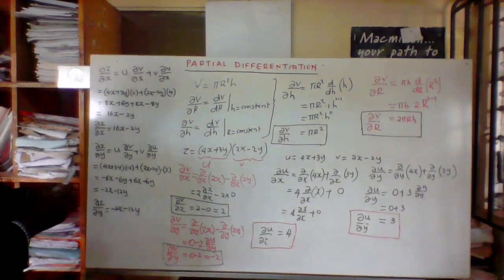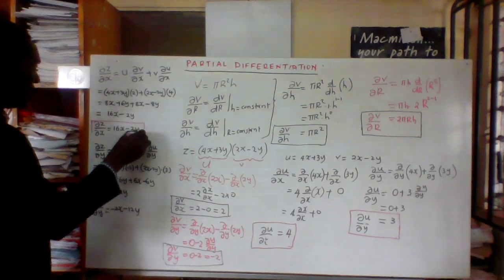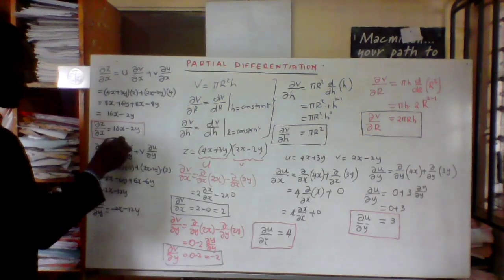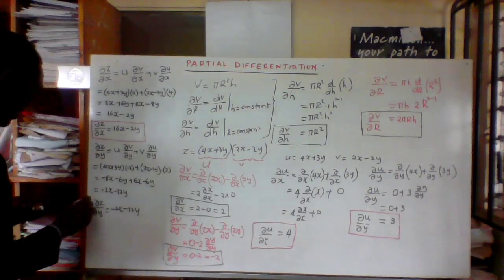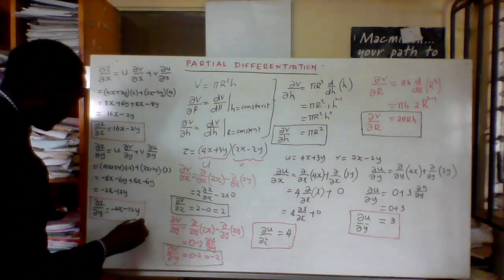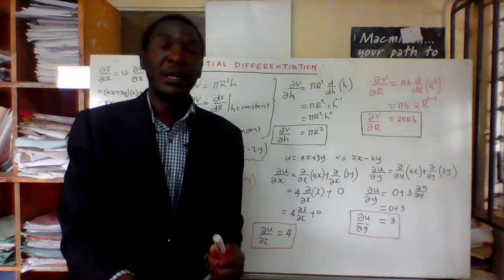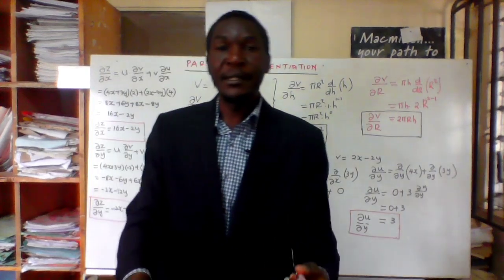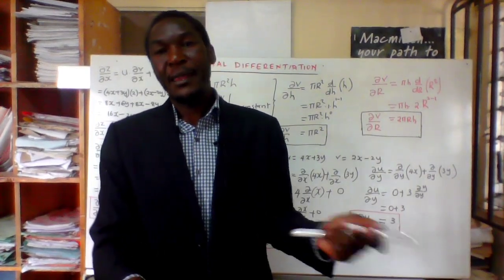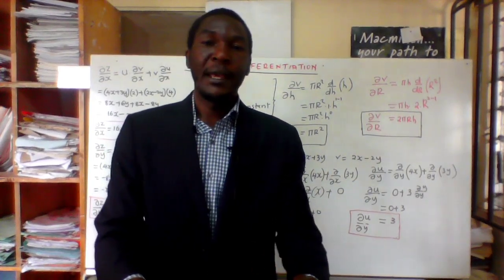That's what we obtain. Now you can put them in red for easy identification. That is the first part, and that is the second part. So if a function has more than one variable, then you can hold one constant and treat the other as a variable. Then we can interchange those two and see what we get.